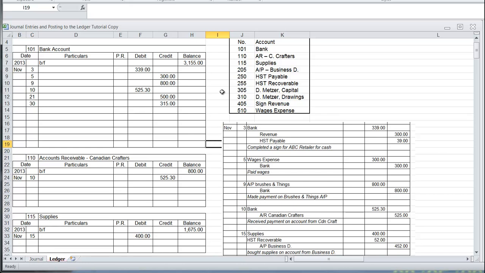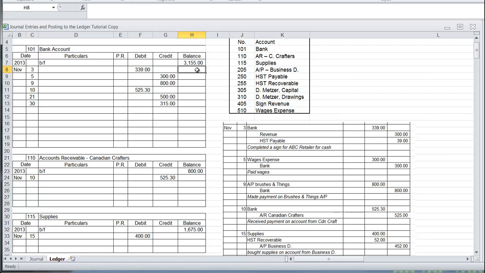Now, in order to get the balances, you always have to think about, is this a debit balance account or a credit balance account? So assets like bank account are debit balances. So this was the balance forward from the previous month of $3,155. So that's just the number that's entered in there. So to get the new balance, we use formulas.